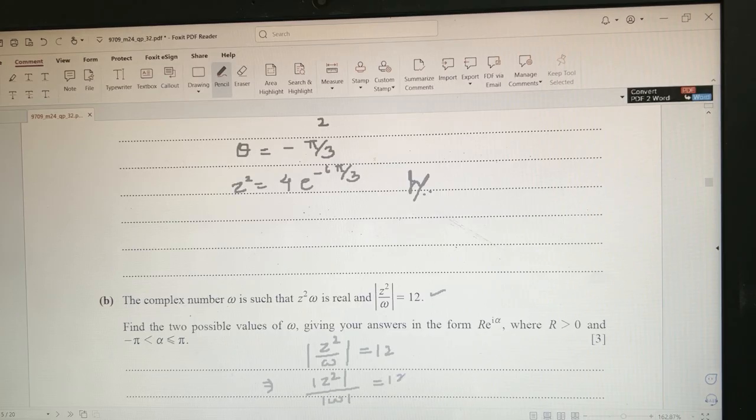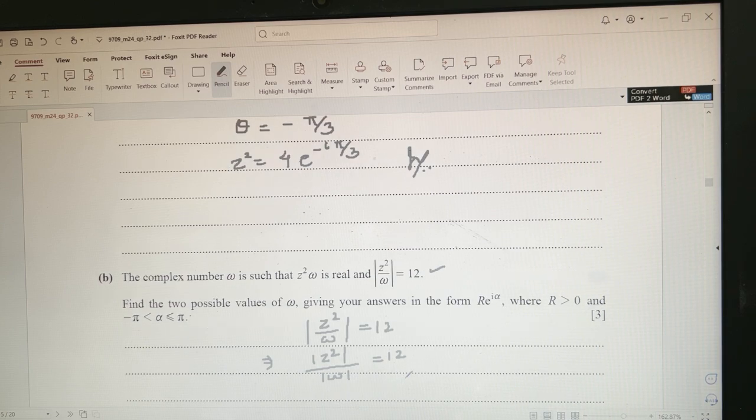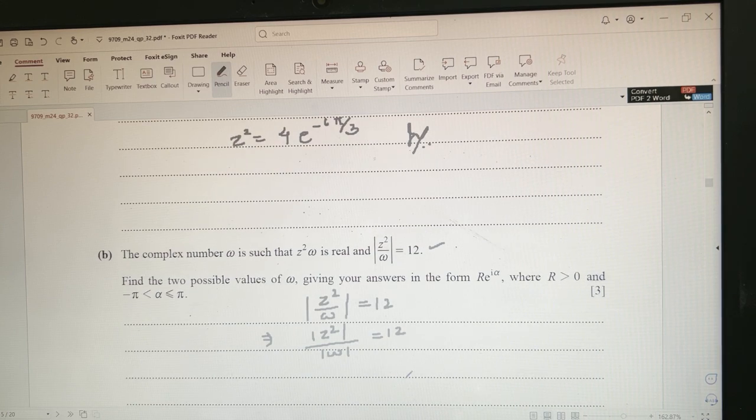This they have given as 12. What is mod z square? It is 4, from the first part. So 4 over modulus of omega is equal to 12. From here, we can say that modulus of omega is 4 upon 12, that is 1 by 3.